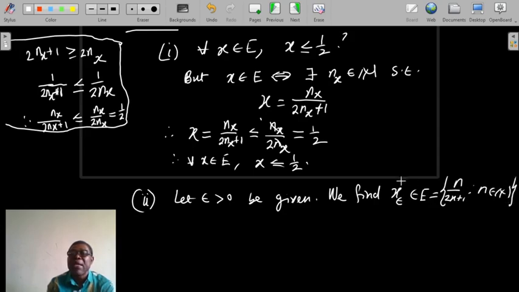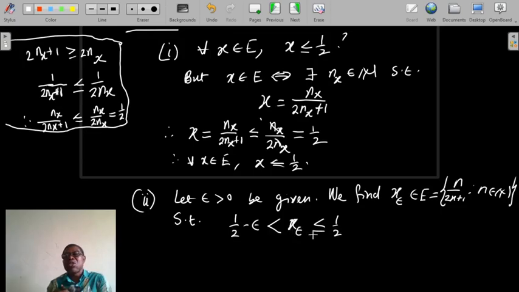So we shall find x_epsilon in this set such that half minus epsilon will be less than x_epsilon, and this will be less than or equal to half. This is what we want to look for.